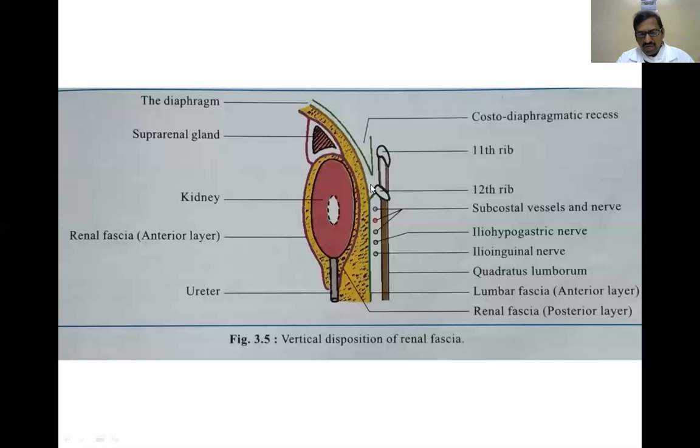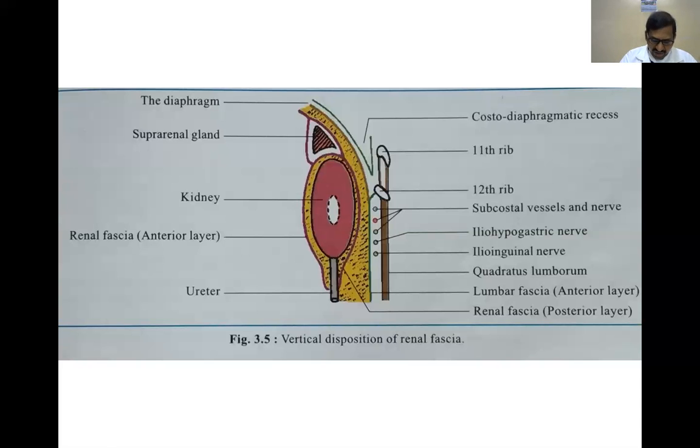Next, coming to the lower relations. These are the lower relations, from medial to lateral. There are muscles: psoas major muscle, and next the quadratus lumborum muscle, and these muscles are also covered by fascia. The psoas muscle is covered by psoas fascia, and the quadratus lumborum muscle is covered by the anterior layer of the thoracolumbar fascia.